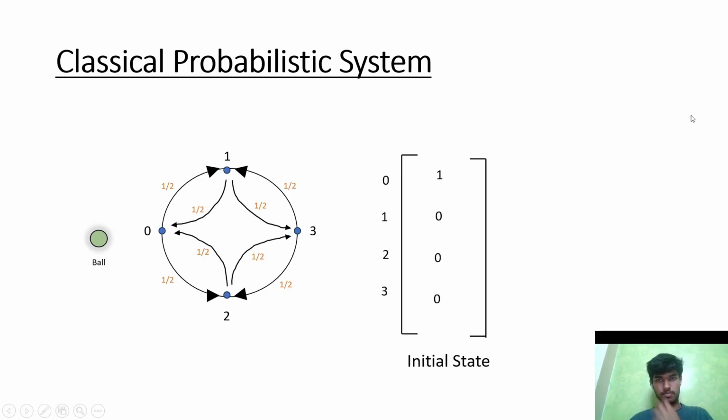So now this first row represents vertex 0, the second row represents vertex 1, the third row represents vertex 2, and the fourth row represents vertex 3. Now, as already mentioned in the previous slides, the ball is initially placed at vertex 0. So the probability of it being at 0 initially is 1, and all the rest of the other vertices is 0.